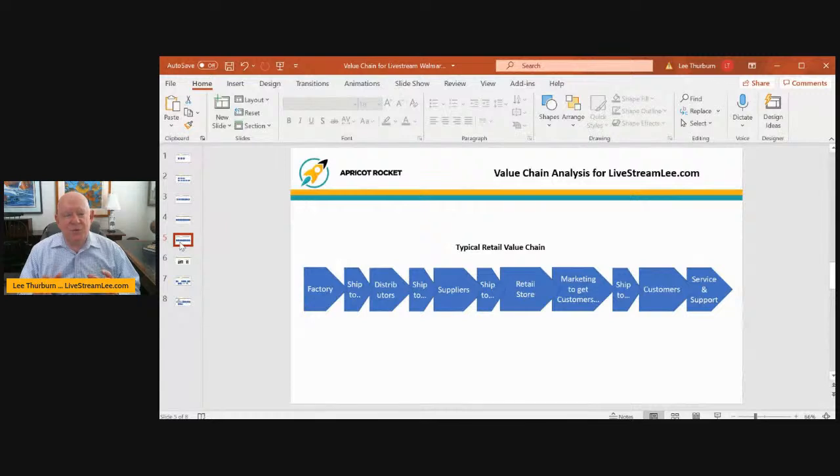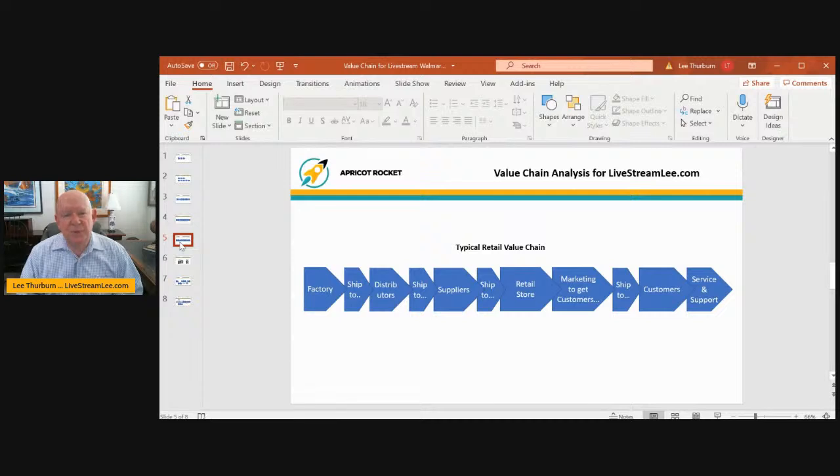Value is wealth, and value is added, and wealth is created in the value chain for the products and services that you offer. Now, if you're a small business with a limited number of employees and maybe even a solopreneur, this isn't a conversation that you're going to be terribly concerned about, because quite honestly, you're probably not dealing with a complex value chain.